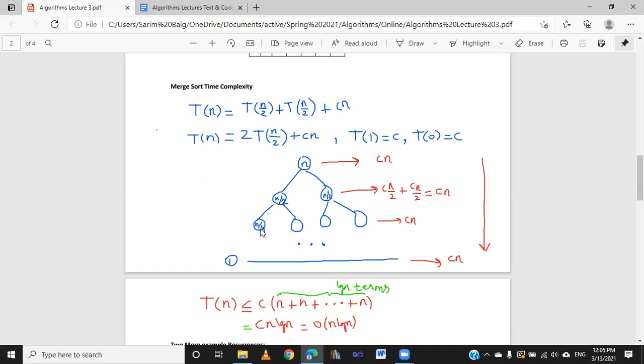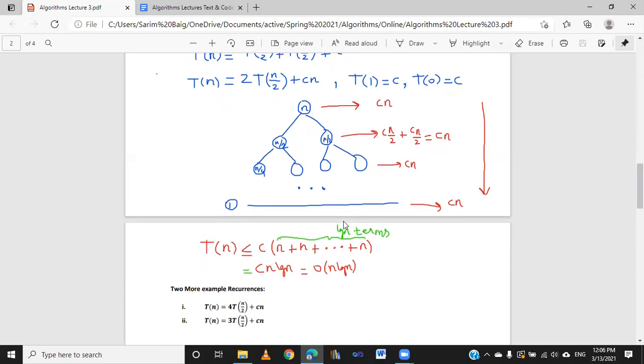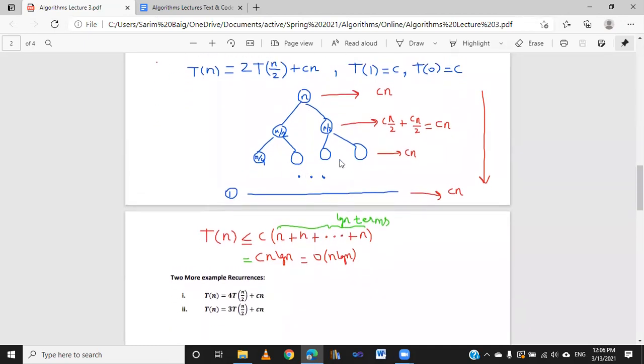Okay. Let's look at level number 2. So this was level number 0, level number 1, level number 2. At level number 2, once again, but this time you have 4 calls. This call is of size n/4. So this n/4 sized call is going to take C times n/4 in this call.